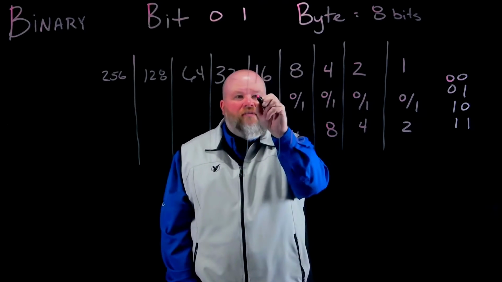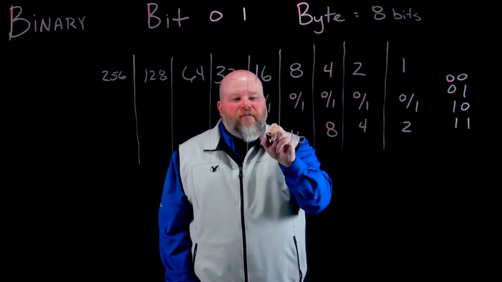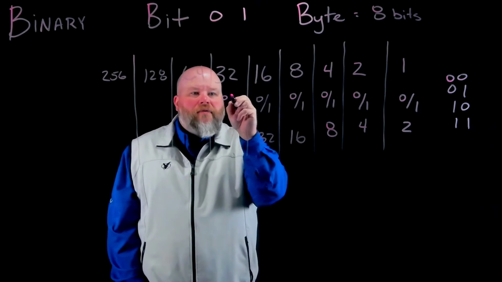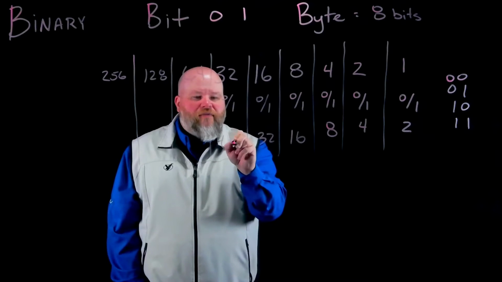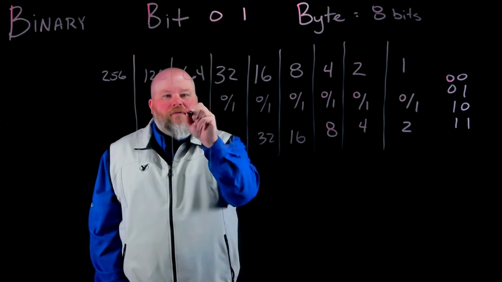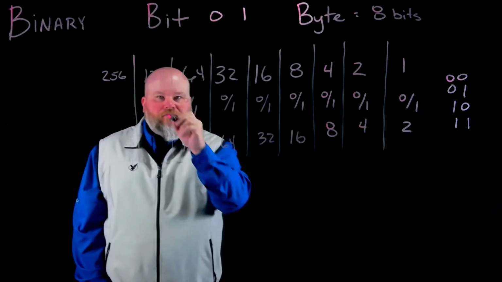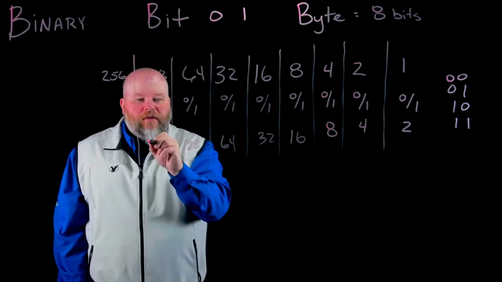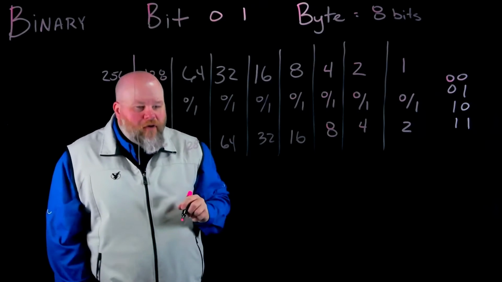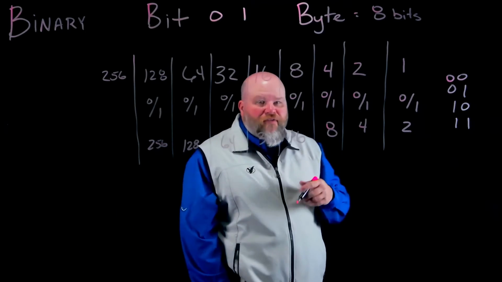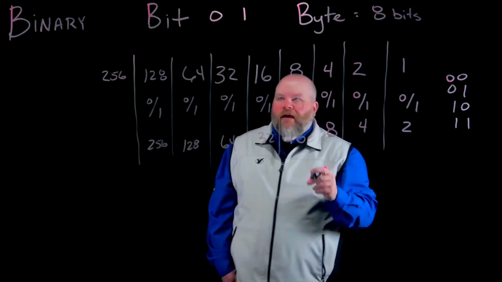16 values, 32 values, 64 values, 128 values, 256 total possible combinations or values out of that set.